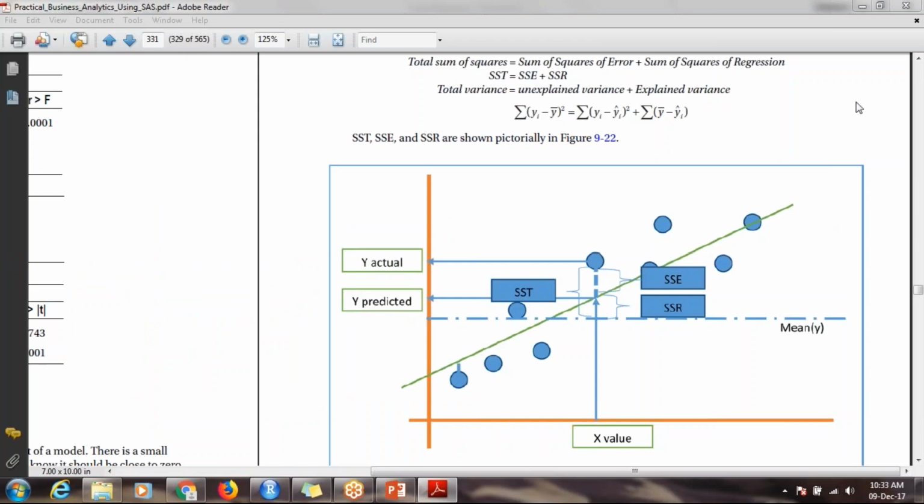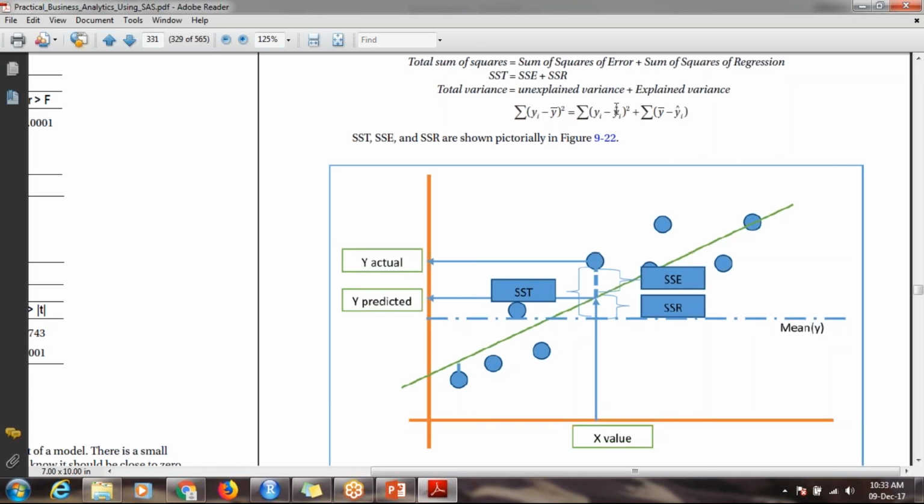So my equation somewhat looks like this. Like I said here, this is my total sum of squares. This is my total variance: the actual value minus my mean value, and the total summation of this squared. So this is my SST, or total sum of squares. That will be equal to my unexplained variance plus explained variance.